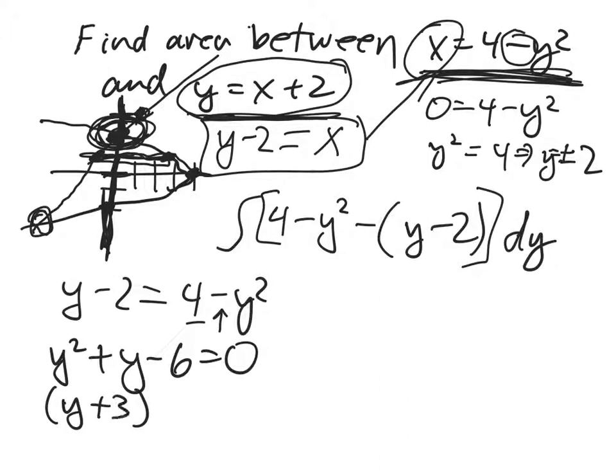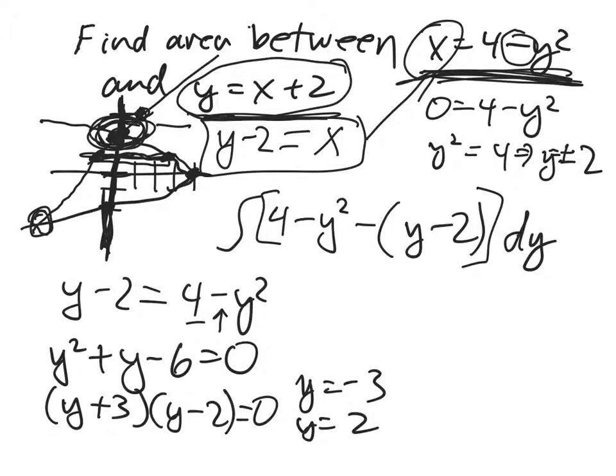Let's see, plus 3 and minus 2. Those are your endpoints. And we would get y equals negative 3 and y equals positive 2, which we already said. We knew positive 2, but this one down here will be at negative 3. So integrate from negative 3 to positive 2.